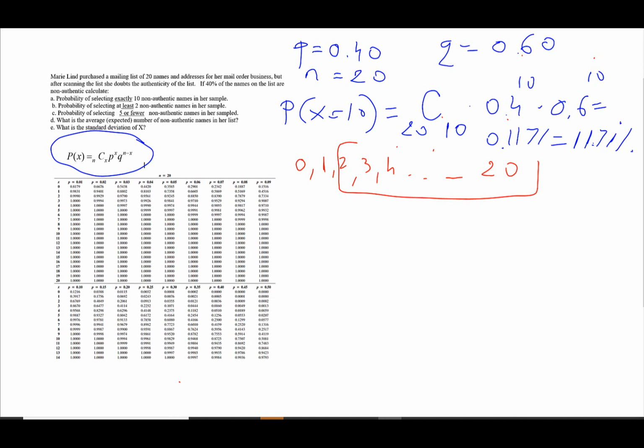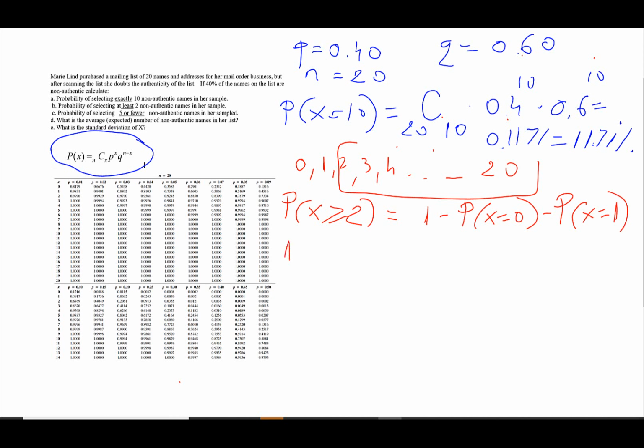So the probability to have x more than or equal to 2 can be simplified as 1 minus the probability to have 0 non-authentic names minus the probability to have 1 non-authentic name on the list. So we can calculate these probabilities.